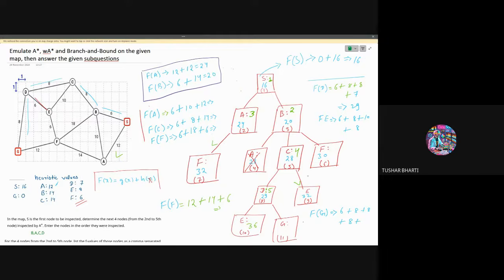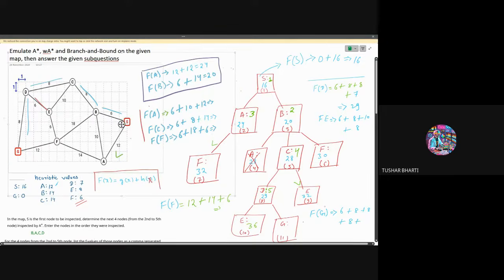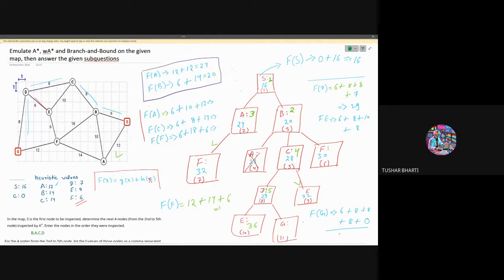You can see G does not have a heuristic value, so this will be 0. This will be 6, 14, 22, 30. So we have reached the goal node and our algorithm is over.